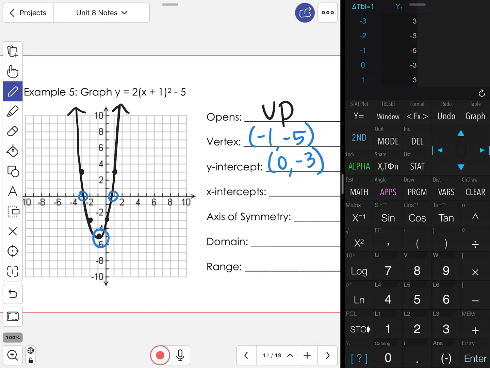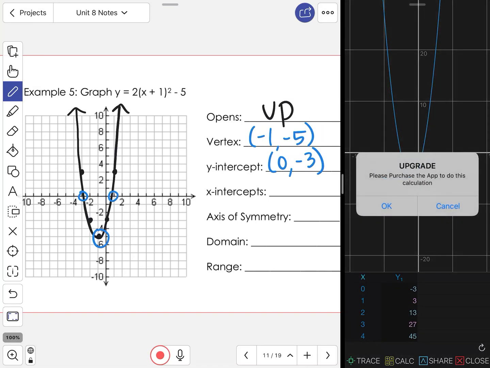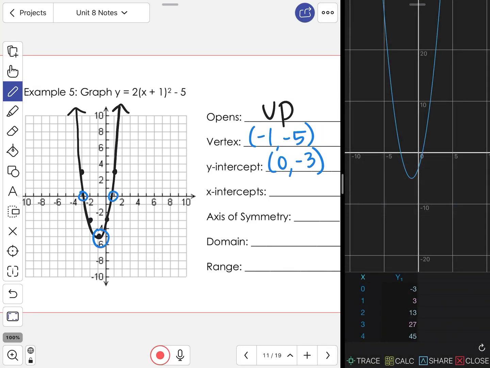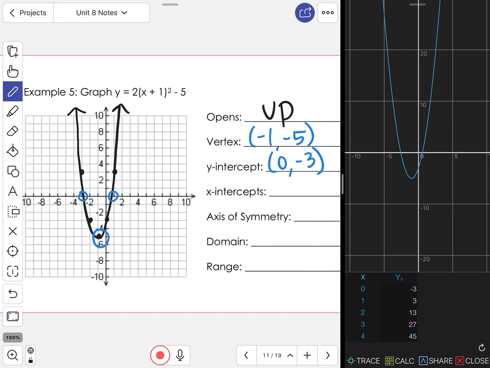So we're going to go back to our graph, and we want to find exactly where that's crossing. Okay, so we're going to talk about this in class together. So leave that one for us to talk about in class.